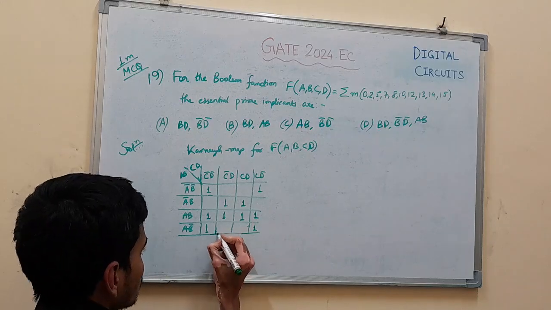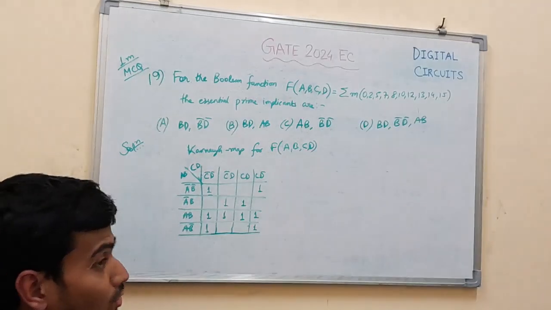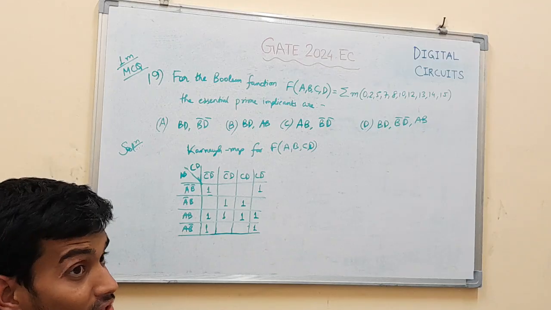Now let's form the groups, the prime implicants. We know that the essential prime implicants are a subset of the prime implicants.